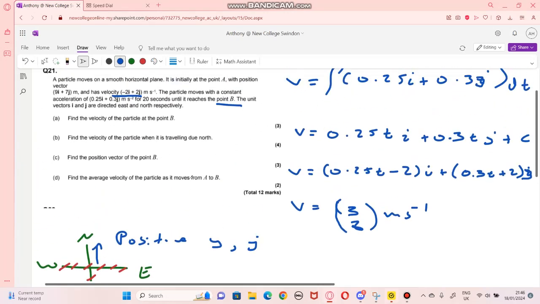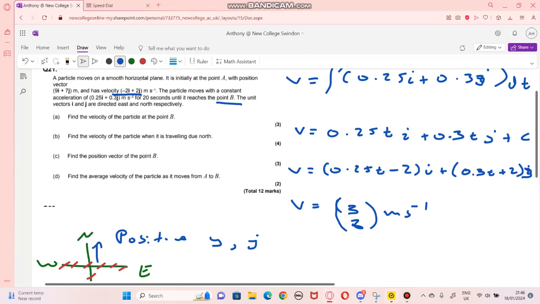So if we look at the equation, the question asks to find the velocity of the particle that's traveling due north. Previously, we already found the equation of velocity.